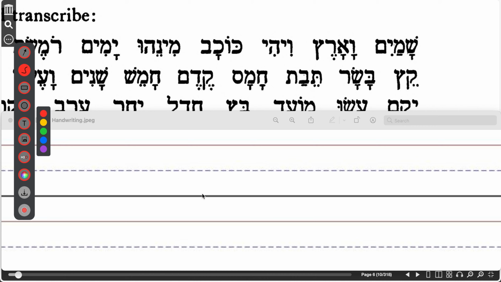Now, basically, I probably should do it like this. S, A, and then put a dash to represent the syllable division. M, and then we have the pathak.